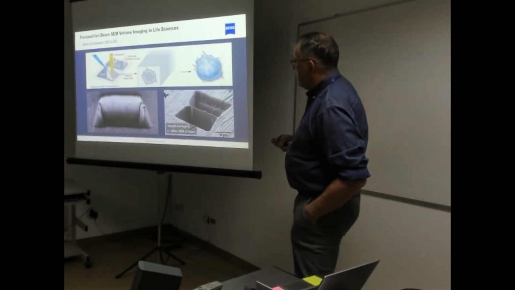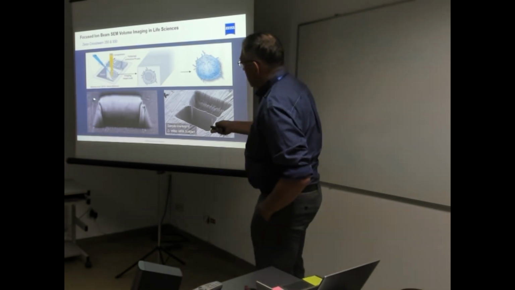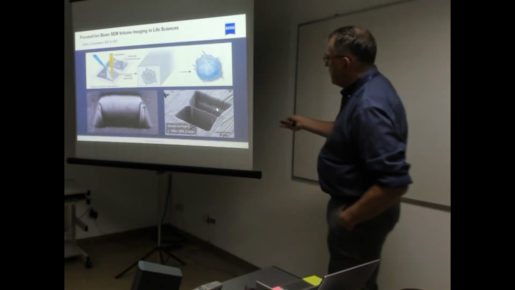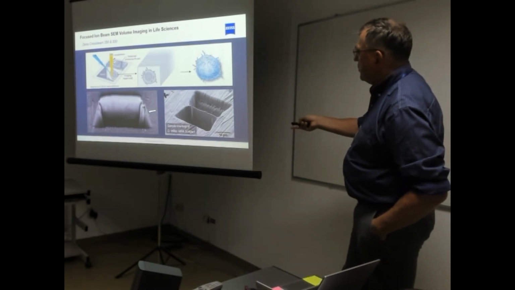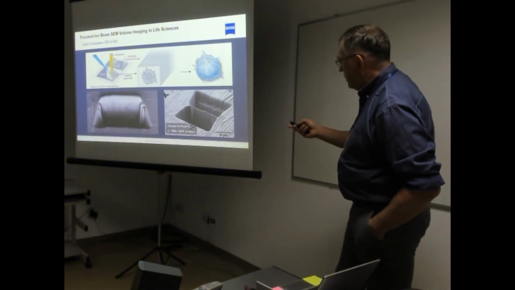With this one, if you want to go to bigger samples, then there's a problem, because we have to dig these kinds of trenches into the sample surface, and there's also redeposition, and this redeposition of material becomes bigger and bigger the deeper we dig into the sample.